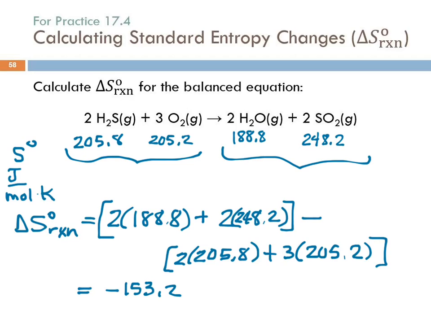What units are on that? Joules per Kelvin. Because what we're doing here is 2 moles times joules per mole Kelvin, and so the moles all cancel out. Any questions?